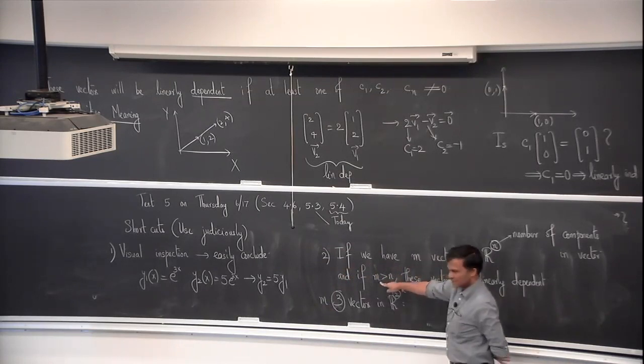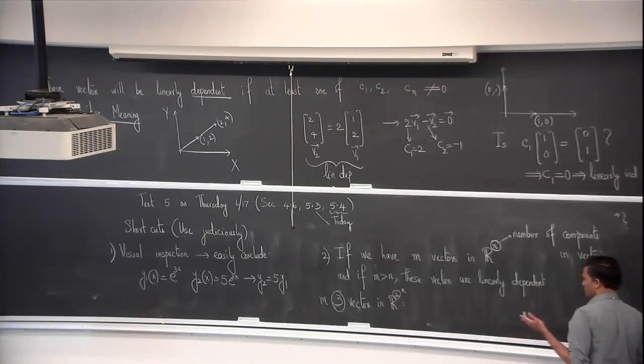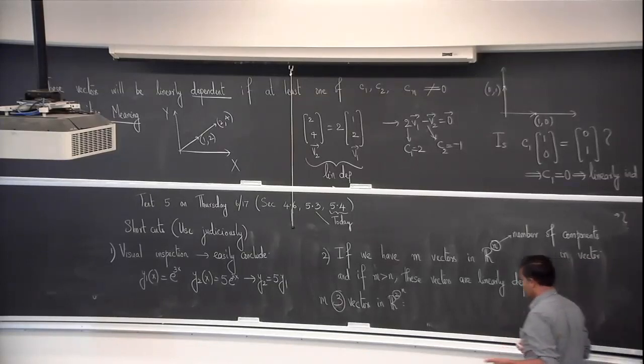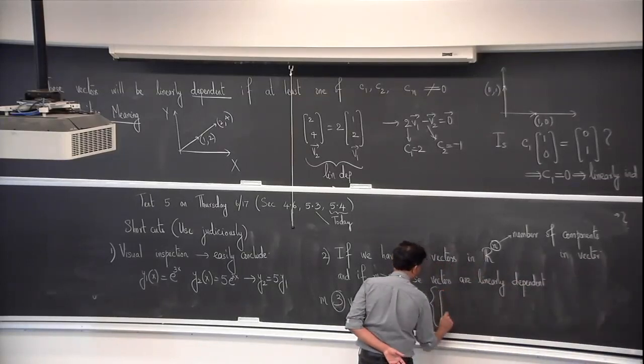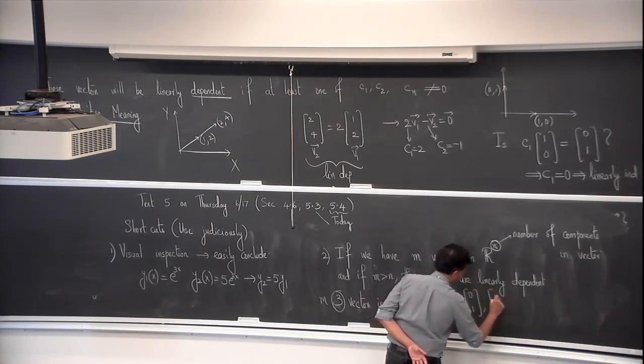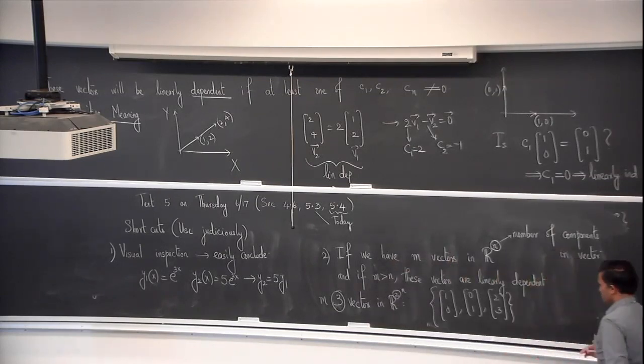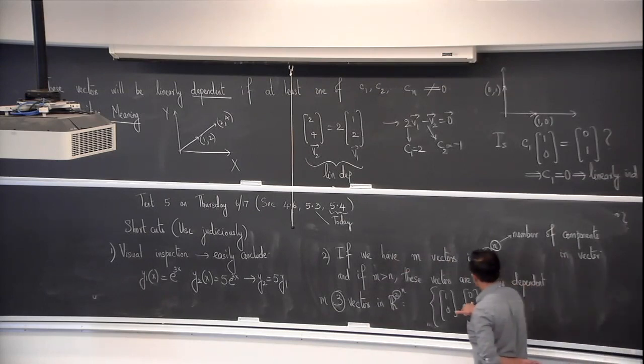And our shortcut is saying that if m is greater than n, we don't need to do any particular test or anything, we can just conclude. The reason is that, for example, if you have (1, 0), (0, 1) and (2, 3), the third one is just an arbitrary vector. I don't care what that is. You can always write this as a linear combination of those two.